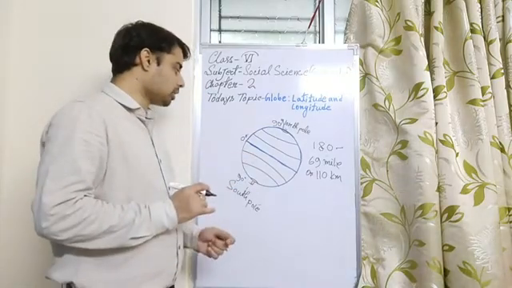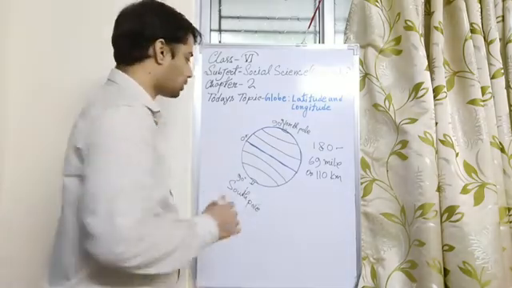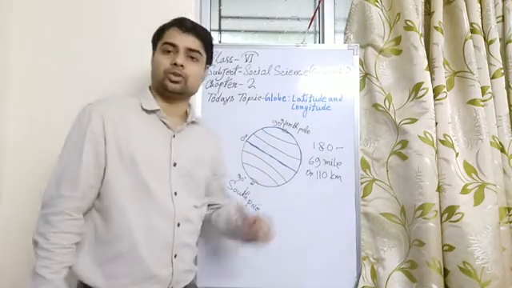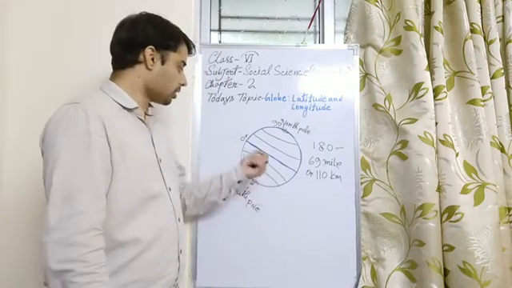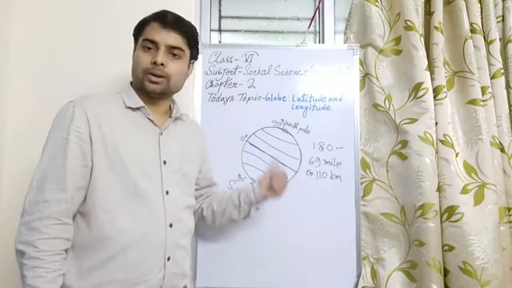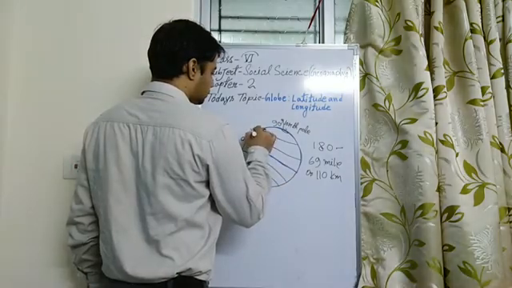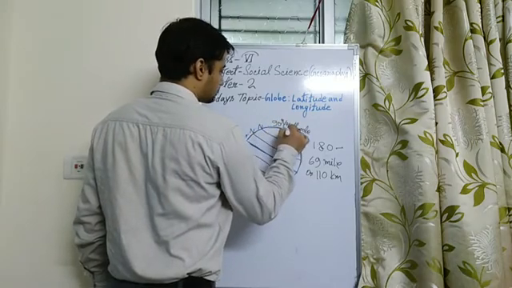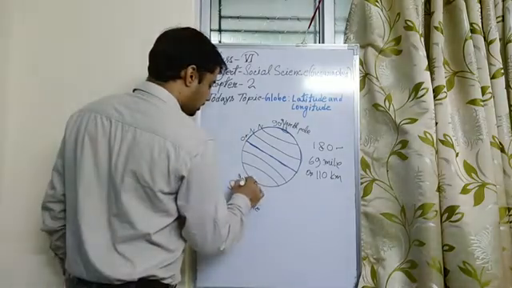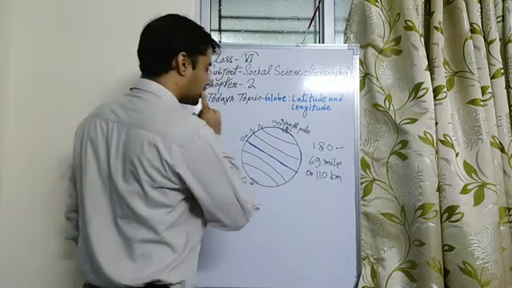All the latitudes situated in the northern hemisphere are called northern latitudes, and all the latitudes situated in the southern hemisphere, in the south of the equator, are called southern latitudes. They are denoted with N and S.